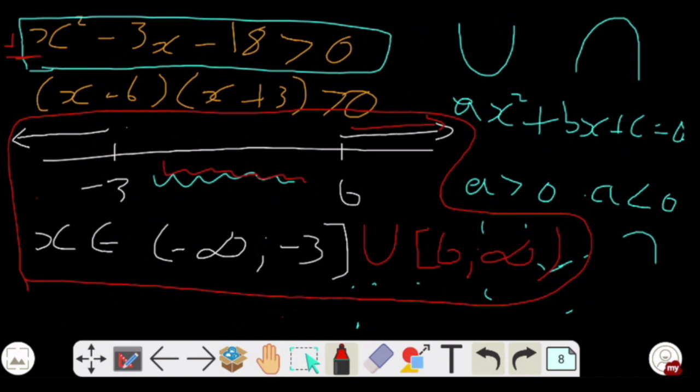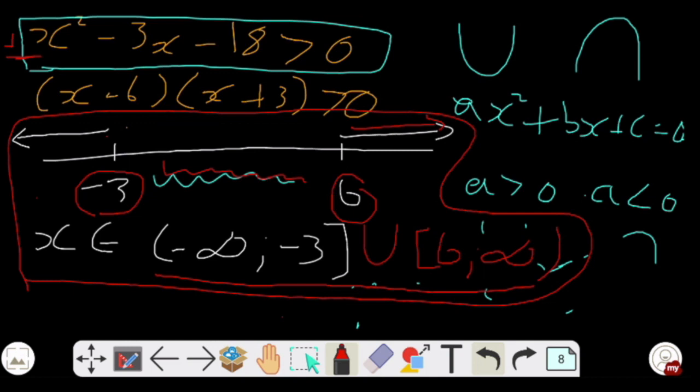Now recapping our answer, it should be in a notation form, in this form, and it translates: your x is an element of any number which is less than 3 and any number which is greater than 6.